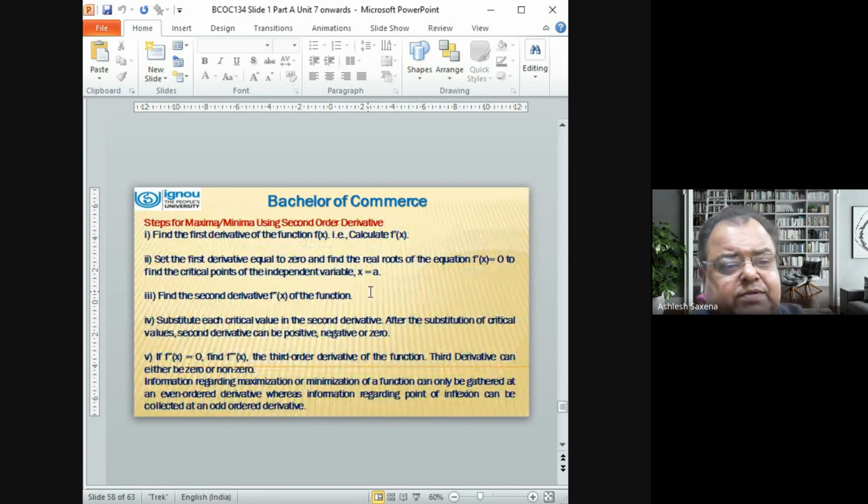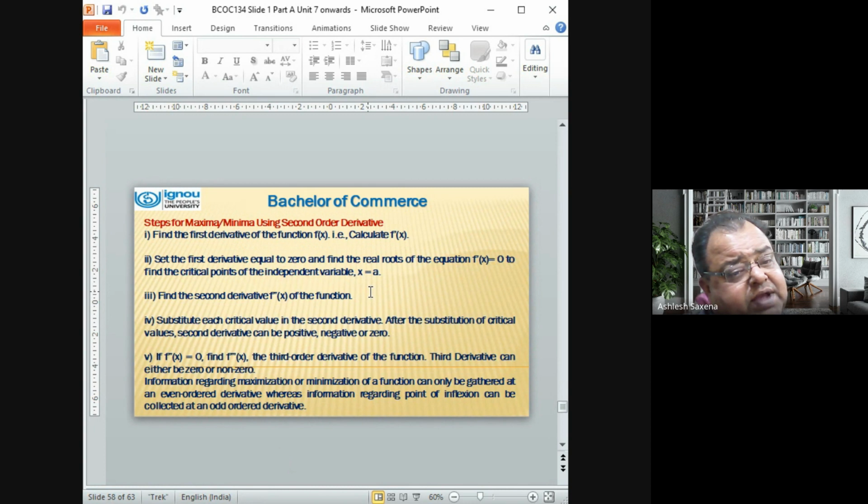What are the steps for finding maxima and minima using the second derivative? First of all, find the first derivative. Second step, put f dash x equal to 0 and find the value of x. Third step, find the second derivative of the function.